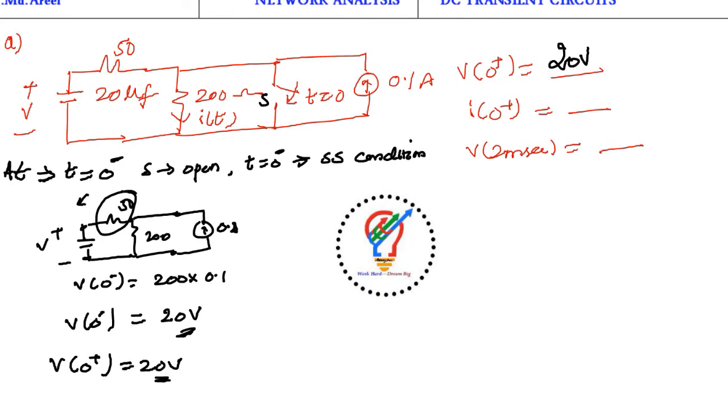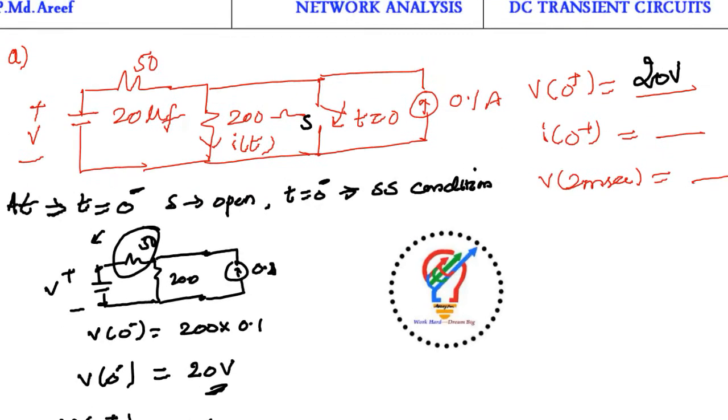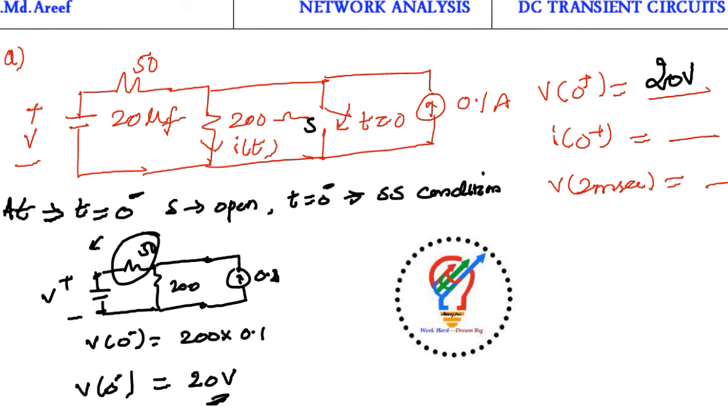Similarly, I of 0 plus. After closing the switch, at t is equal to 0, the current flows through this circuit only. The switch in closed position will make this resistor short circuit.